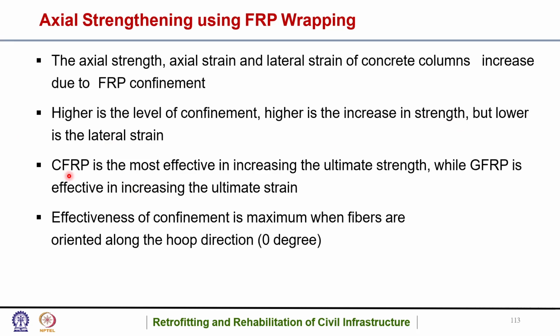CFRP is the most effective in increasing the ultimate strength, while GFRP is effective in increasing the ultimate strain. And effectiveness of confinement is maximum when fibers are oriented along the hoop direction, that is 0 degree, that is the transverse direction.